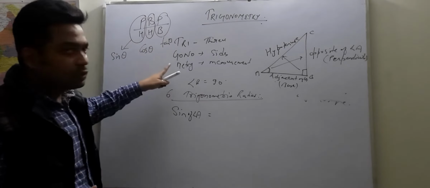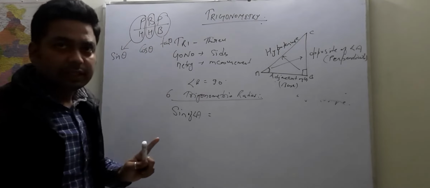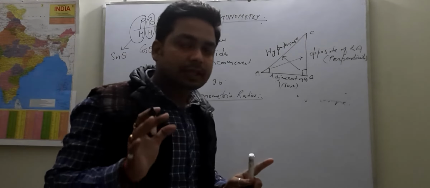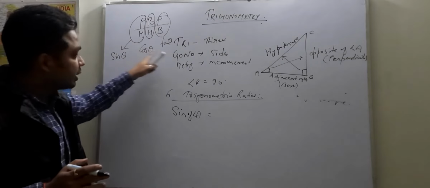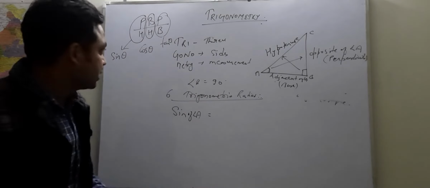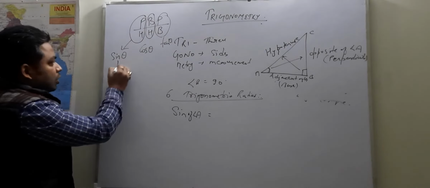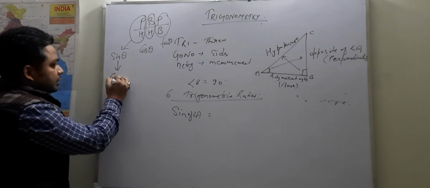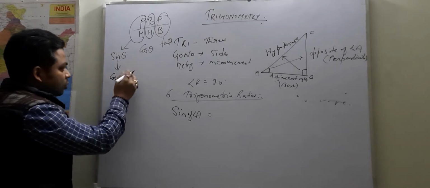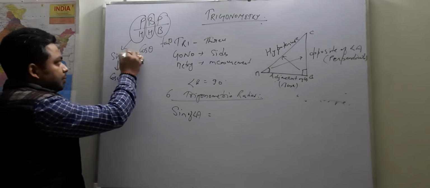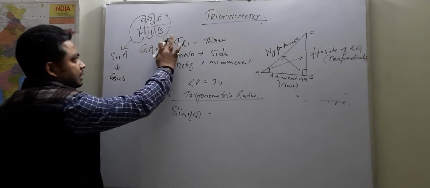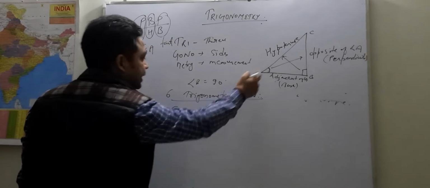If we remember this trick, Pandit Badri Prasad Har Bol, you will remember all these trigonometric ratios. We also know that the reciprocal of sine theta is known as cosec theta. In place of theta, I can write angle A, because we are taking A as an angle.